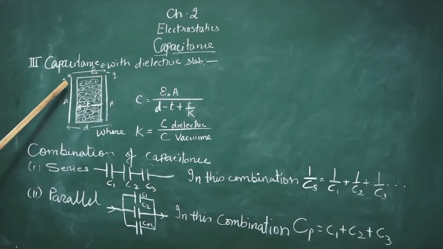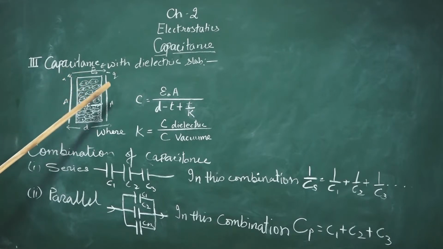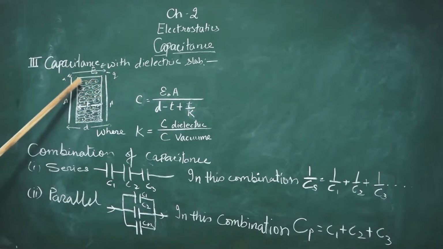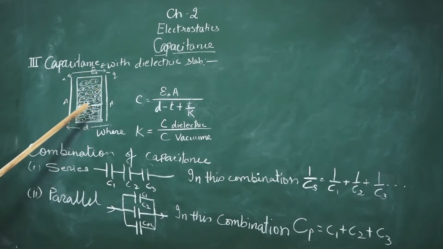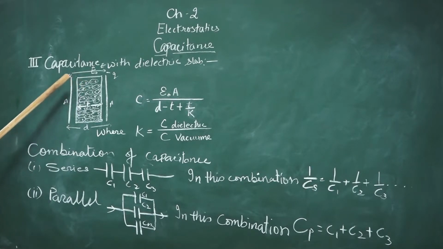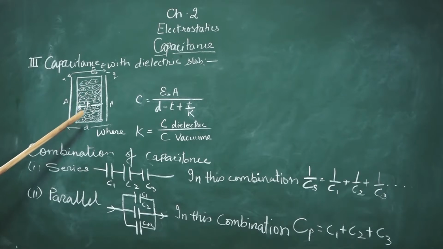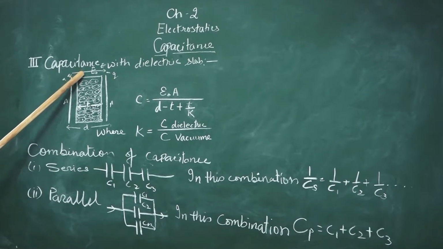Here the plate is positive and this plate is negative, so the electric field is from positive to negative. Now when the dielectric is placed in a strong electric field, every atom will convert into a small dipole, and this will create an electric field in the opposite direction, which is very less than the electric field outside.